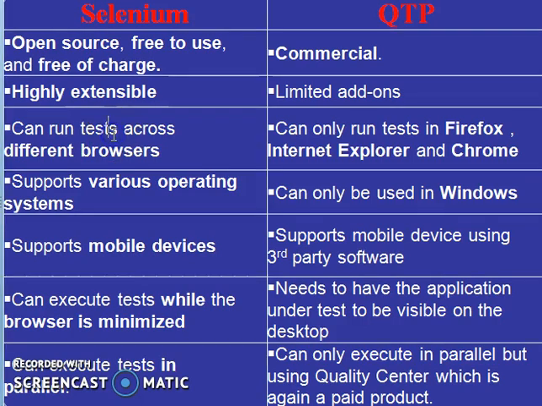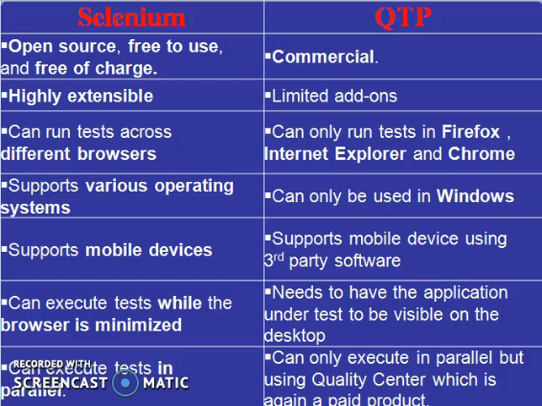So now we'll see the difference between the Selenium tool and the QTP tool, and why many people prefer the Selenium tool. So we'll discuss the difference between Selenium and the QTP testing tool.